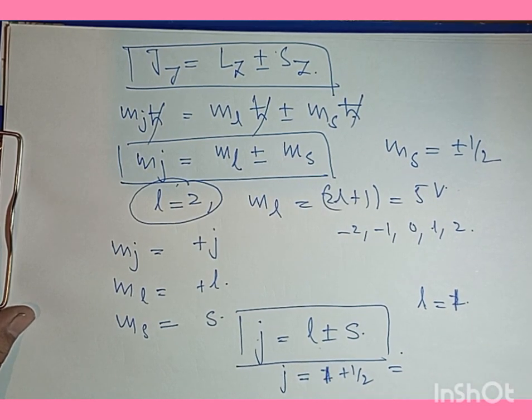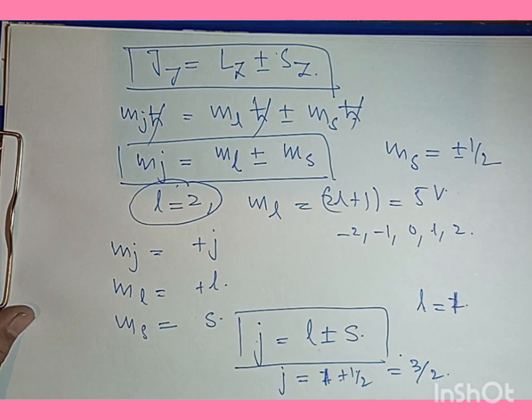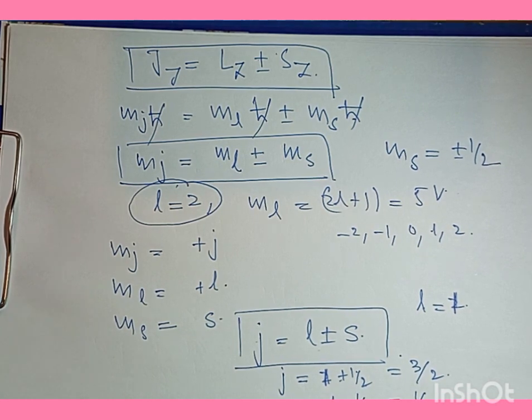This will give me 1 plus 1 by 2, so this is 3 by 2. And if I take the value for s equal to minus 1 by 2, then I will have the value of j as 1 minus 1 by 2, that will be equal to 1 by 2.